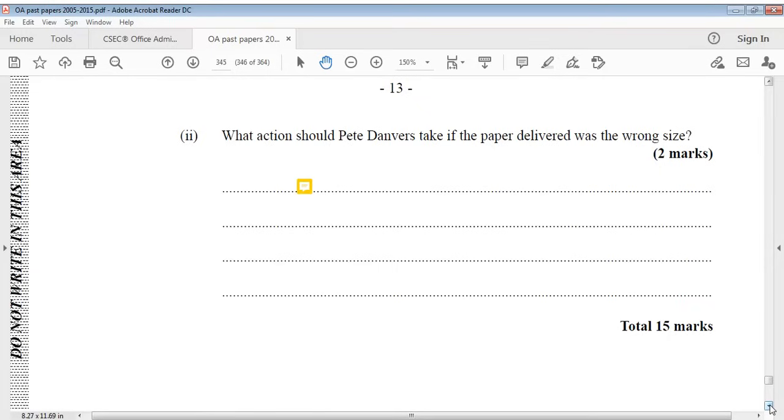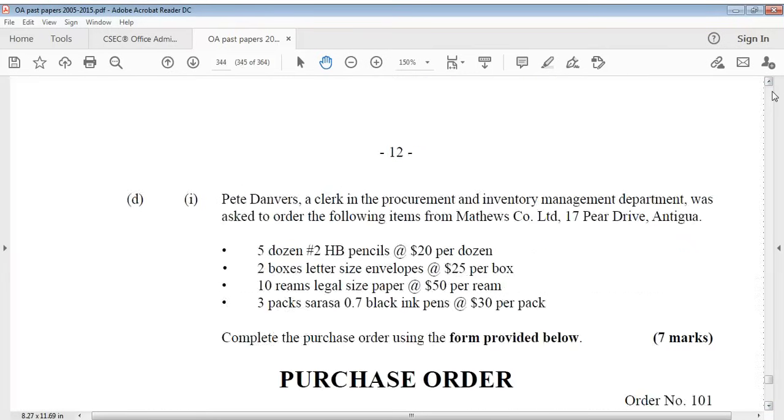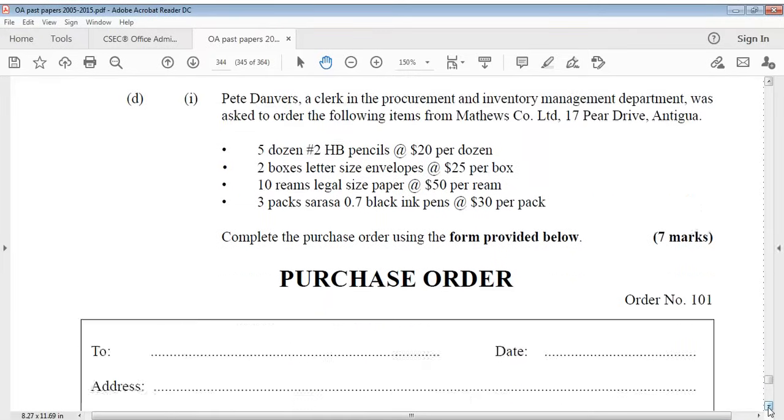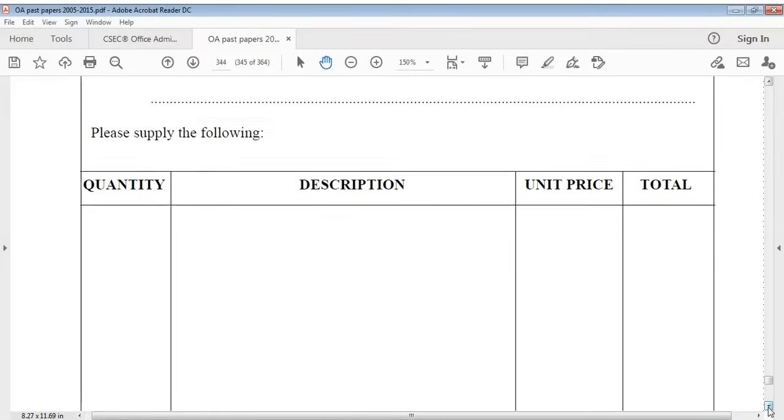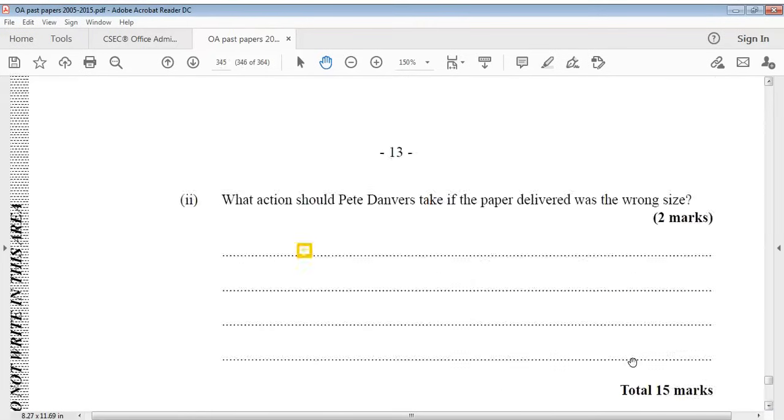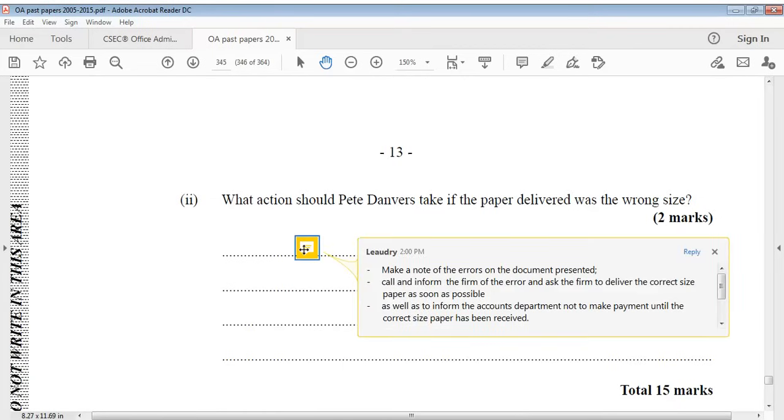What action should Pete Danvers take if paper delivered was the wrong size? So he ordered some paper, different sizes of paper, right? What if he got the wrong size? What could he do? Let's see what action he could take. 1. He could make a note of the errors on the document presented. 2.